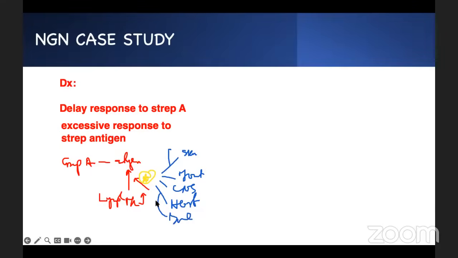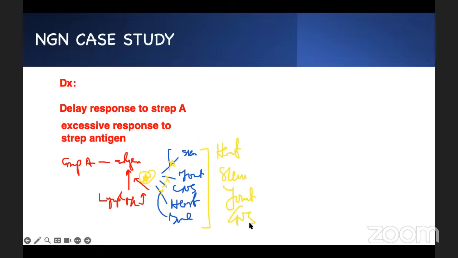It tricked the body and it makes the antigen that looks like this organ. So when your body makes the antibodies, you go and attack your own cells. So you attack these organs. So while you're killing the bacteria, you're also destroying what? Your heart, okay, your skin, your joints, and sometimes your central nervous system are in trouble.